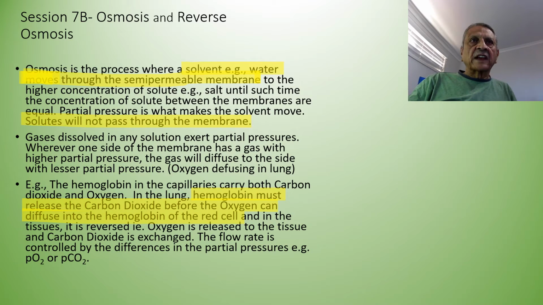Dissolved gases, as I did mention, which are exerting the partial pressure, will have the same principle. A good example of the partial pressure of gases is our lungs. As you know, the hemoglobin, or the red blood cell, carries both carbon dioxide and oxygen.